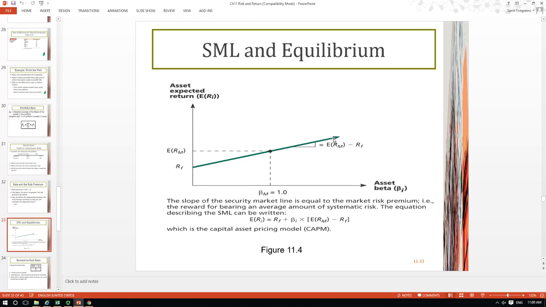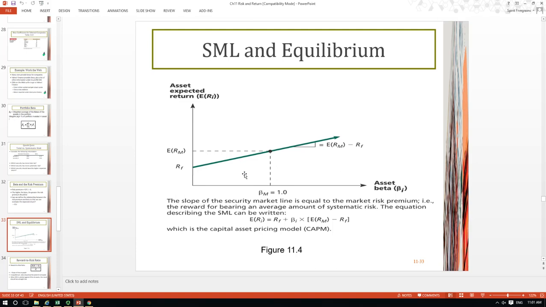But sometimes the security market may misprice some securities, and some securities may have a risk and return trade-off above this line or below this line. In both cases, we can say that those securities are mispriced. If it's above this line, the security price is undervalued. If it's below this line, we say that this security is overvalued. So once again, if it's above this line, it's undervalued, which means the stock price may increase in the future.